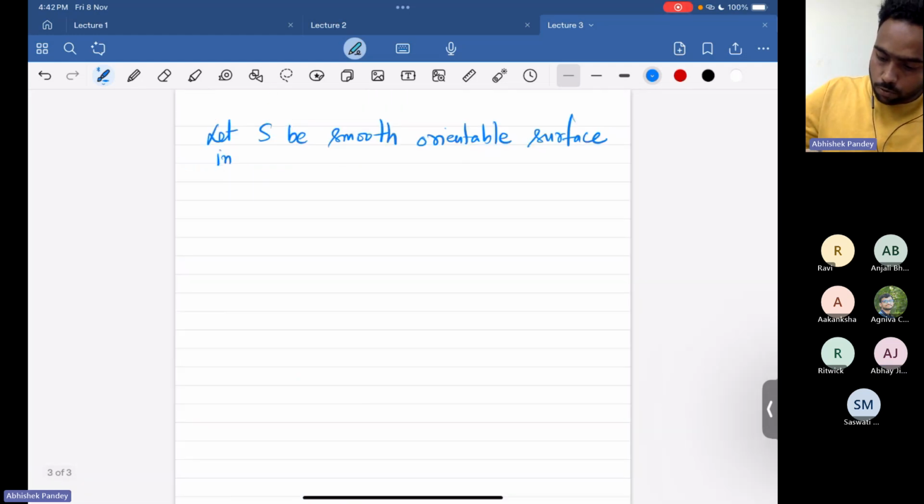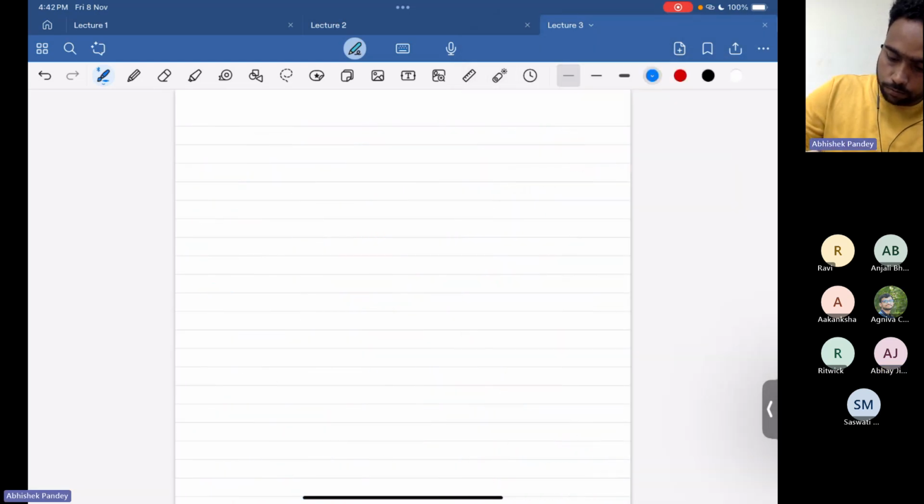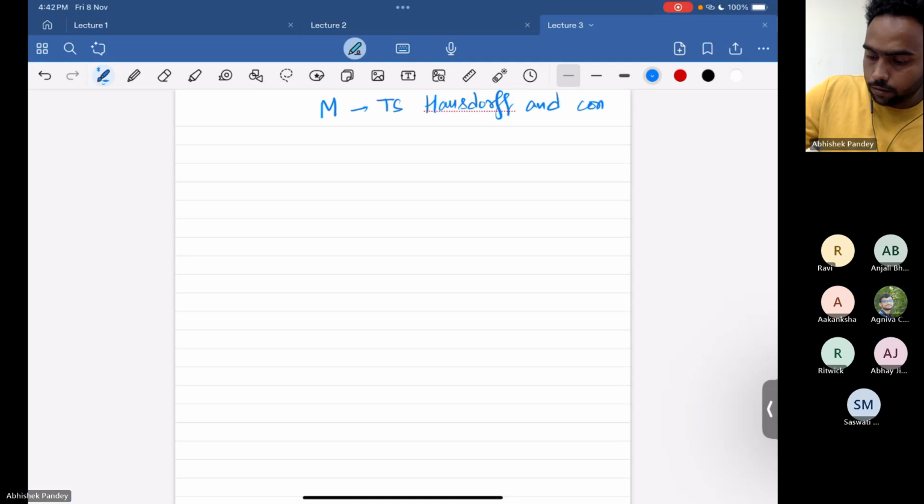This is a smooth surface in R3. The abstract smooth surface is defined as follows. Let M be a topological space, let us say Hausdorff and connected. We have to define a smooth structure on this.